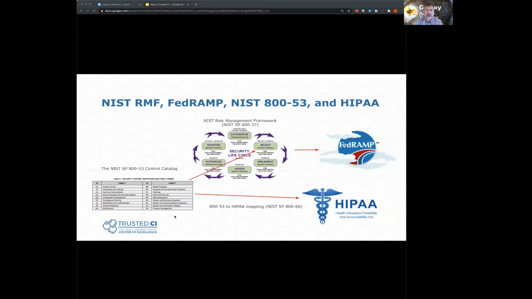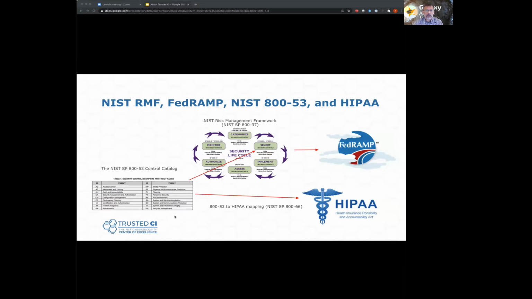If a cloud vendor has put into place the RMF and all of the required 800-53 controls at the appropriate level, and the controls can be at a low, moderate, and high level, which simply means that there is an increasing number of controls as you go from low to high, then they can get certified. This certification is called FedRAMP.